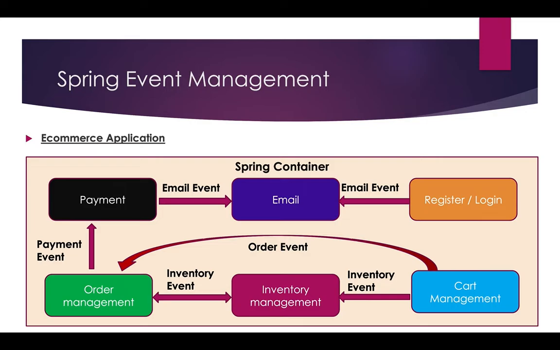So these modules are interconnected with each other, and how do they need to communicate? It's very difficult to communicate with each other, although they are all in a Spring container and this is a monolithic approach. For this type of architecture, we use the event driven application, right?